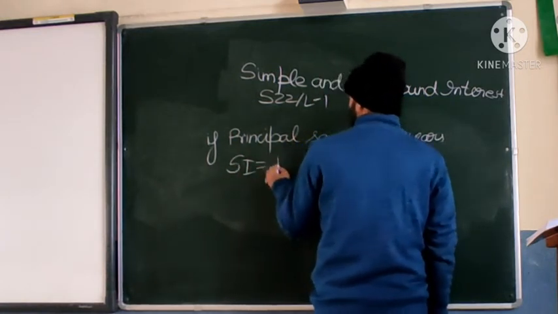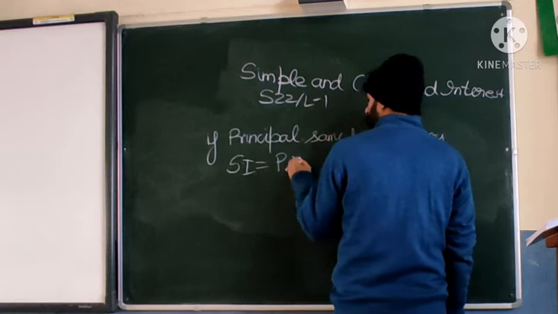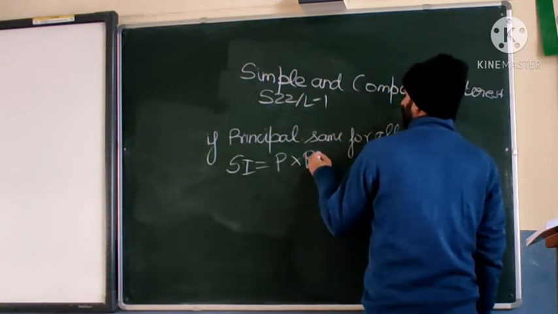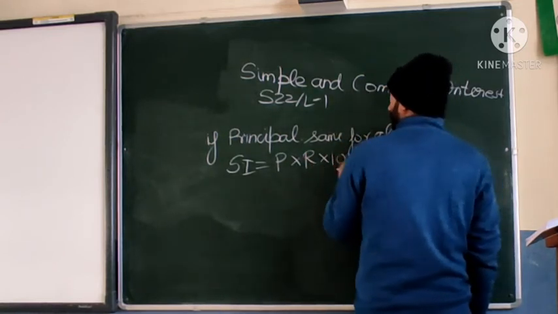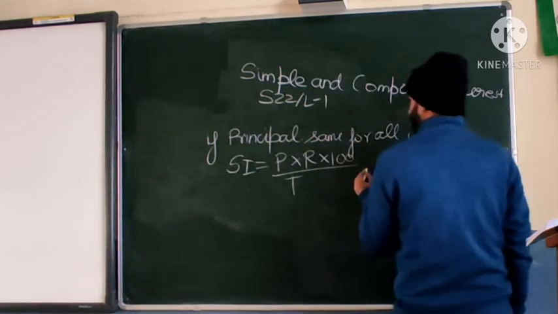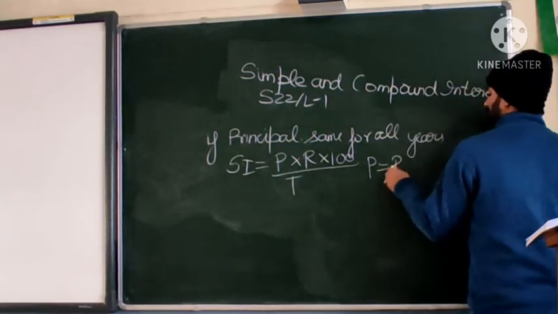And it is calculated by the formula: principal P, rate percent per annum R, into T upon 100. T is the time. So what is P? P here is the principal.